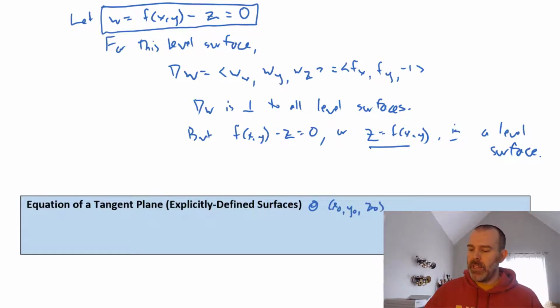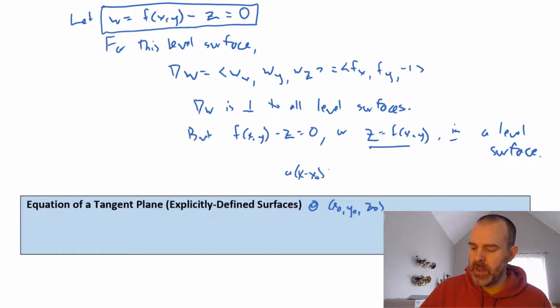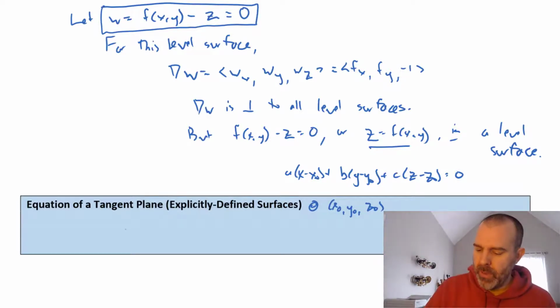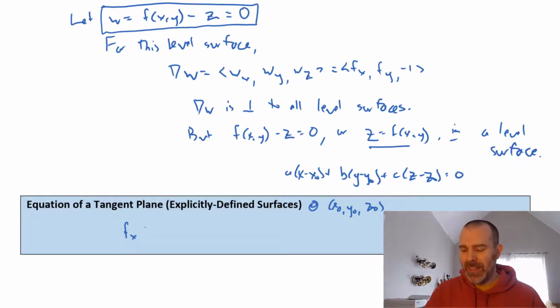So remember the equation of a plane: a times x minus x naught plus b times y minus y naught plus c times z minus z naught equals 0, where a, b, c is from a normal vector. So we're just going to use the gradient of w as our normal vector. We will have the partial derivative with respect to x at our particular point, x naught, y naught.